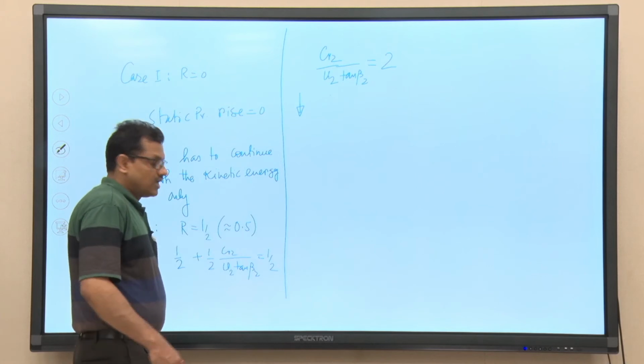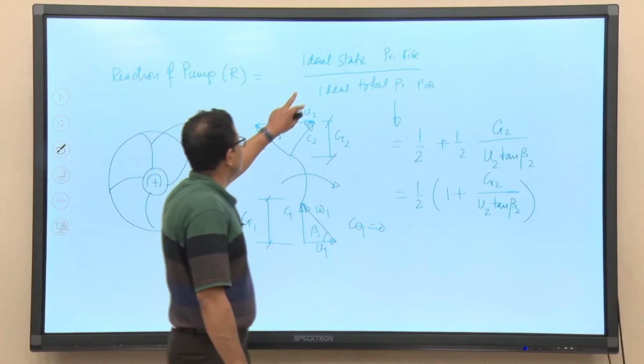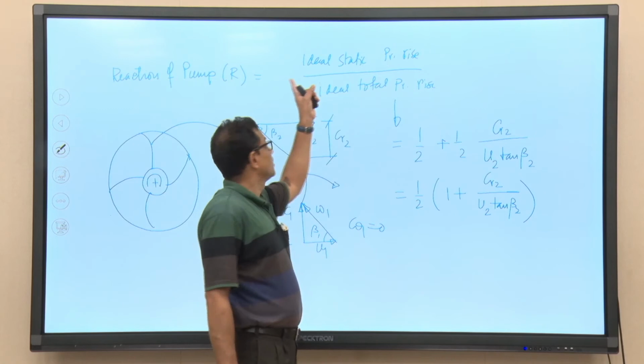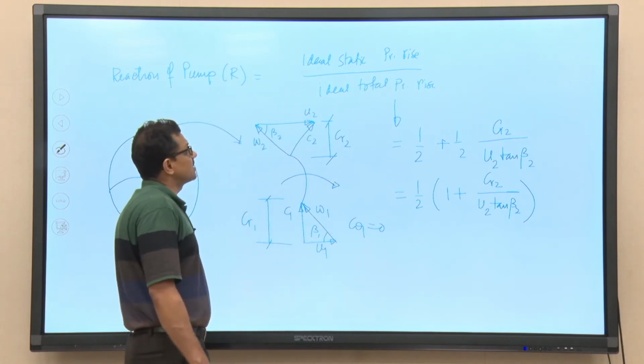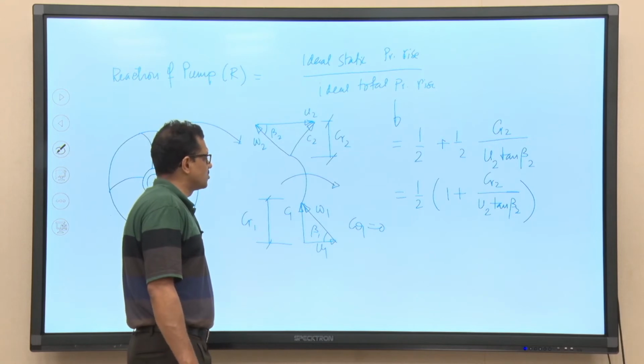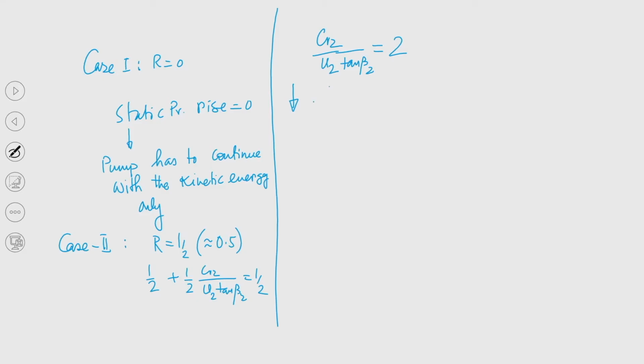Now, if we look at the definition of this particular term, that is pump reaction, you can understand that the ideal static pressure rise by the total pressure rise is equal to half. So, the implication is that the static pressure rise by the total pressure rise is half.